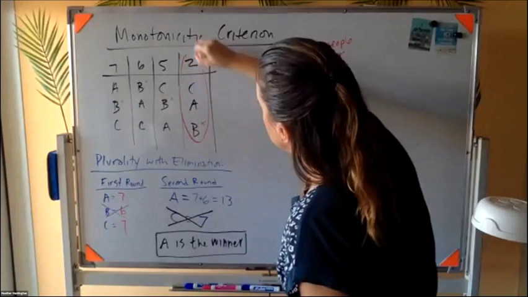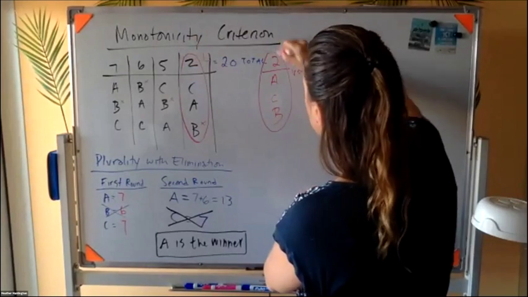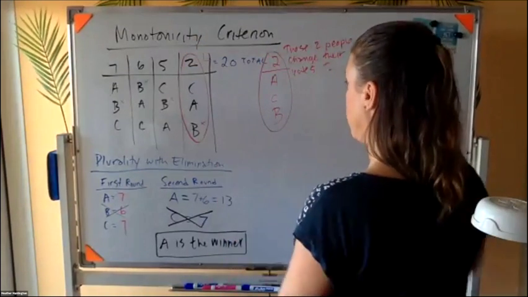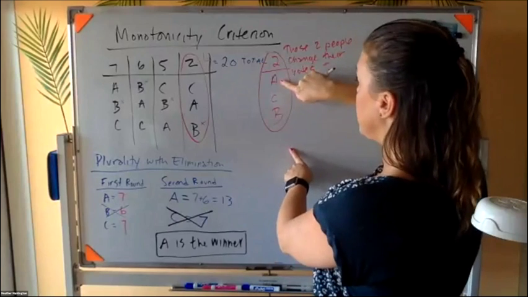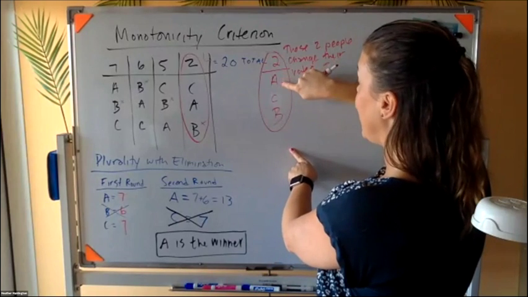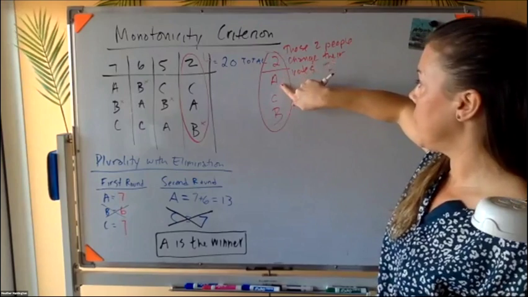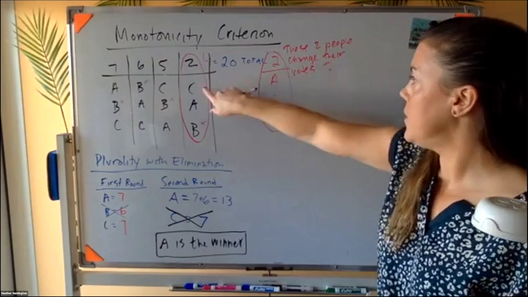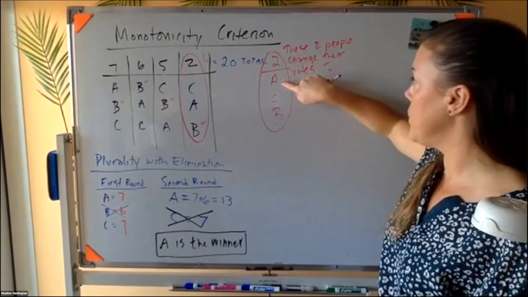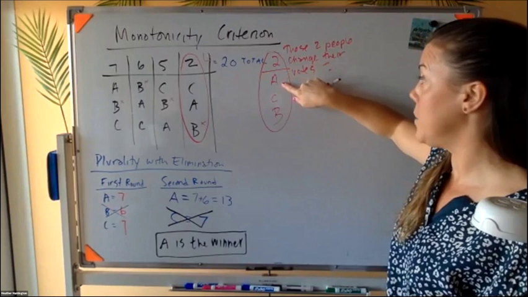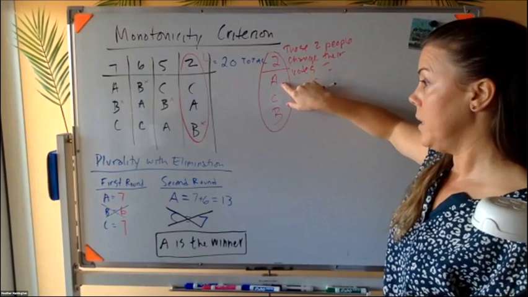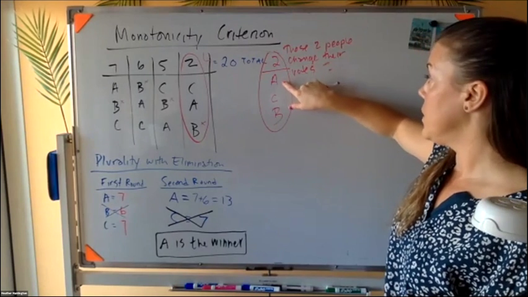Since they see that A is going to be the winner, they change it so that they give A more support. Does that make sense? These 2 people are saying, all right, I'm going with A. I'm going to make them number 1 in my ranking this time around. So it's A, C, B.